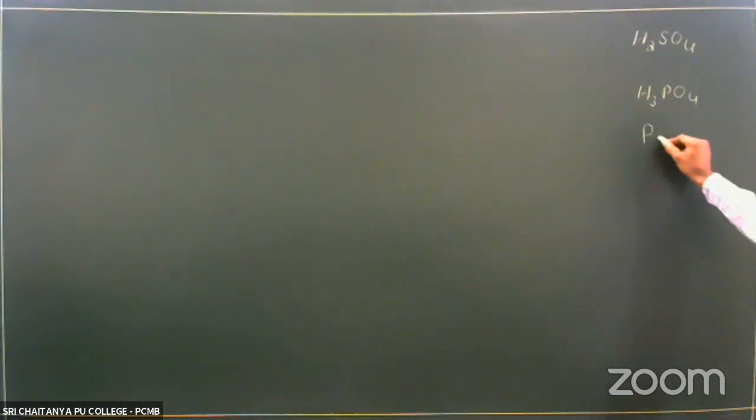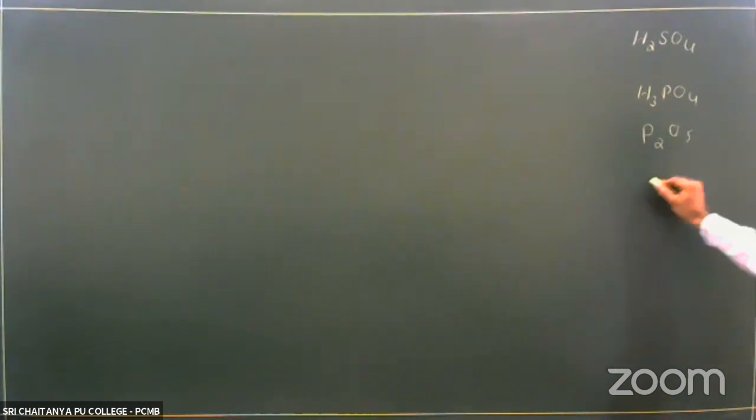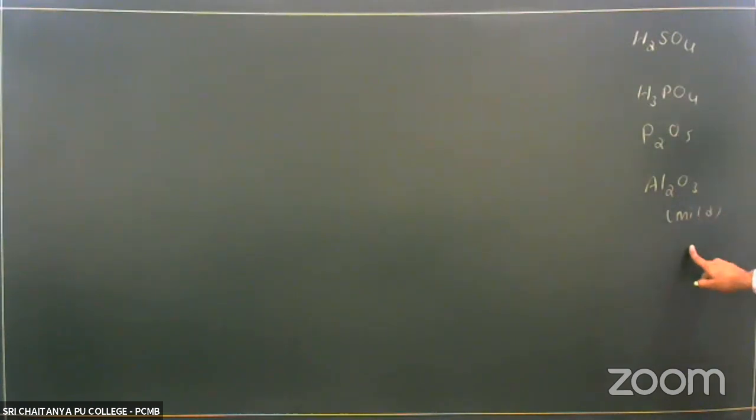Next, phosphorus pentoxide, P2O5, and alumina, Al2O3, are mild dehydrating agents. So sulfuric acid, phosphoric acid, phosphorus pentoxide and aluminum oxide are dehydrating agents.